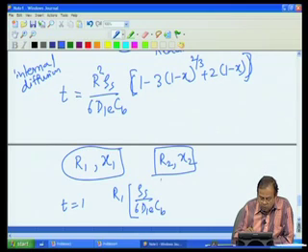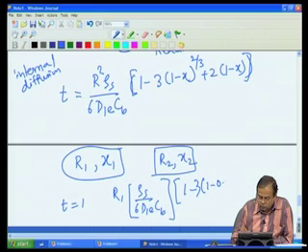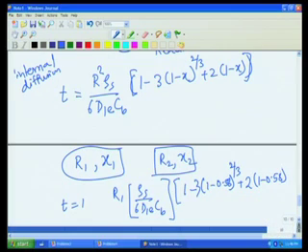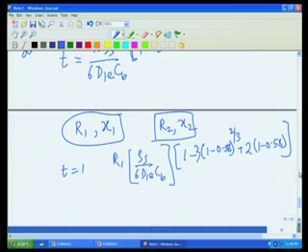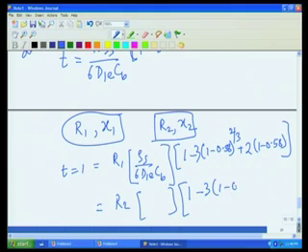I do not know what that value is. This must be, and if internal diffusion was controlling, this must also be R2 into the corresponding same term into 1 minus whatever the conversion was there, that is 0.875 raised to 2 by 3.